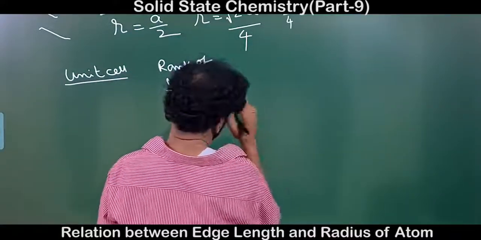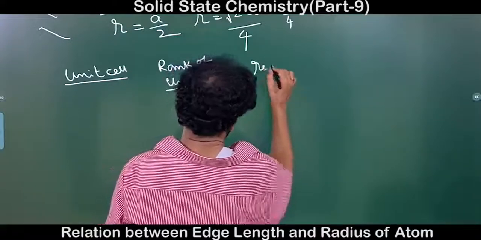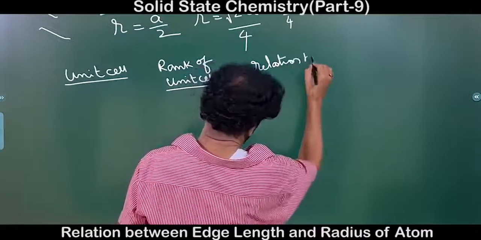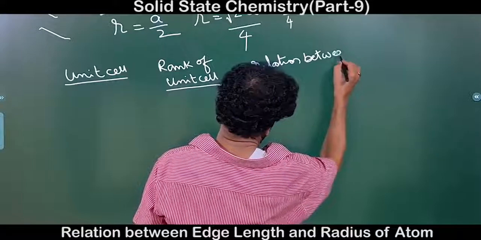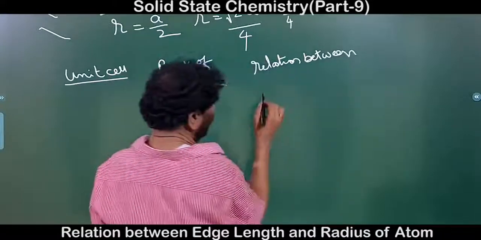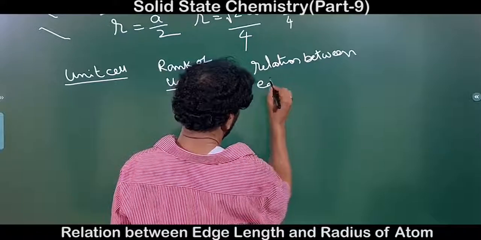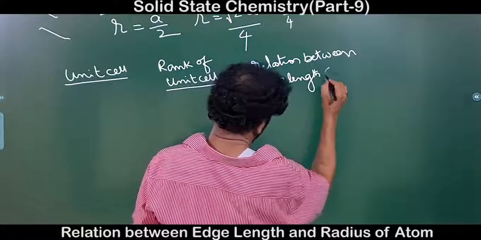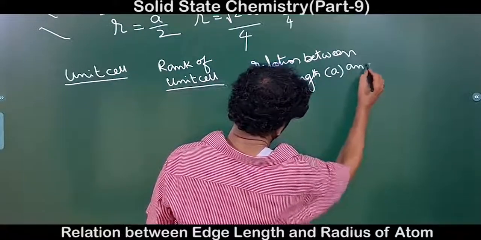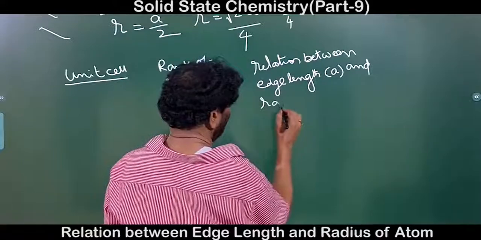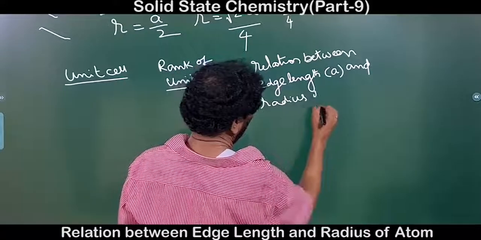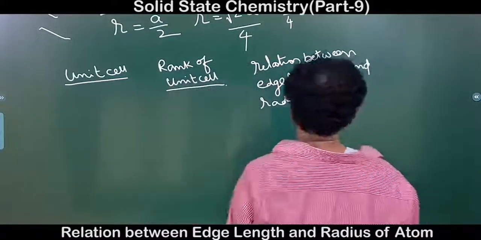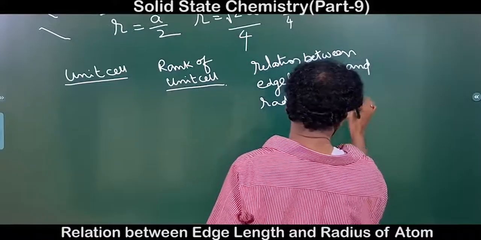Third one is the relation between the edge length, that is a, and the radius of the atom, the radius of the lattice point.